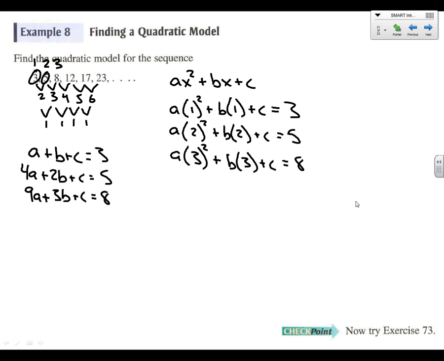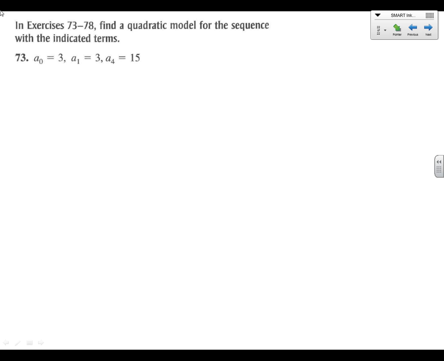I'm not going to go all the way through it because I'm not going to actually ask you to solve these. You can check the example in the book. We're going to focus on whether things are linear or quadratic just using the first and second differences. There may be an extra credit problem for solving the linear one, and we can talk about that in class. But for now, I just want you to find the quadratic model.